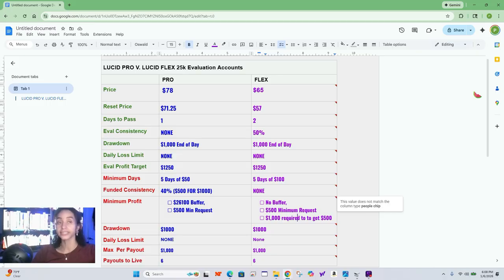But you can continue to trade your active accounts. So if they're actively being traded, you can continue to trade them. You can continue to take payouts on them, and then one by one, as they approach the 6 payout requirement, then each account individually will go to live.